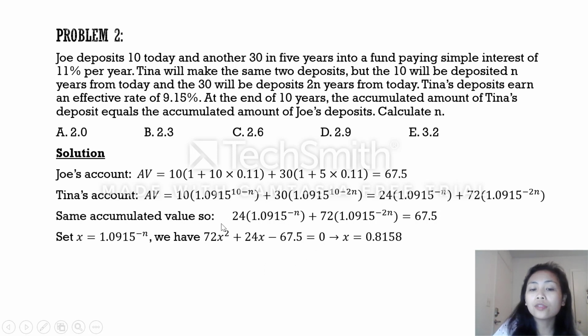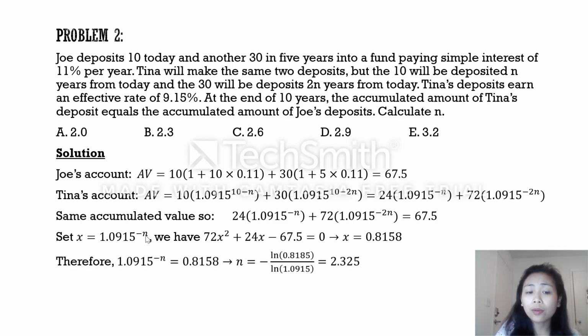So we are going to have 2 solutions. However, I'm taking the positive solution, so x should be 0.8158. And when we have x, we should be able to find n. So 1.0915 to the negative n is equal to 0.8158. Take the natural log of both sides and then divide by the natural log of 1.0915.